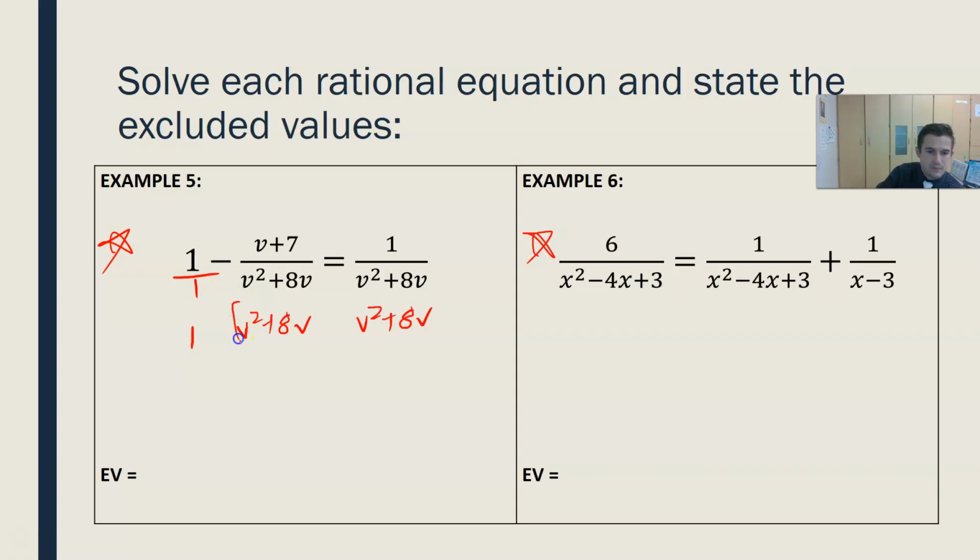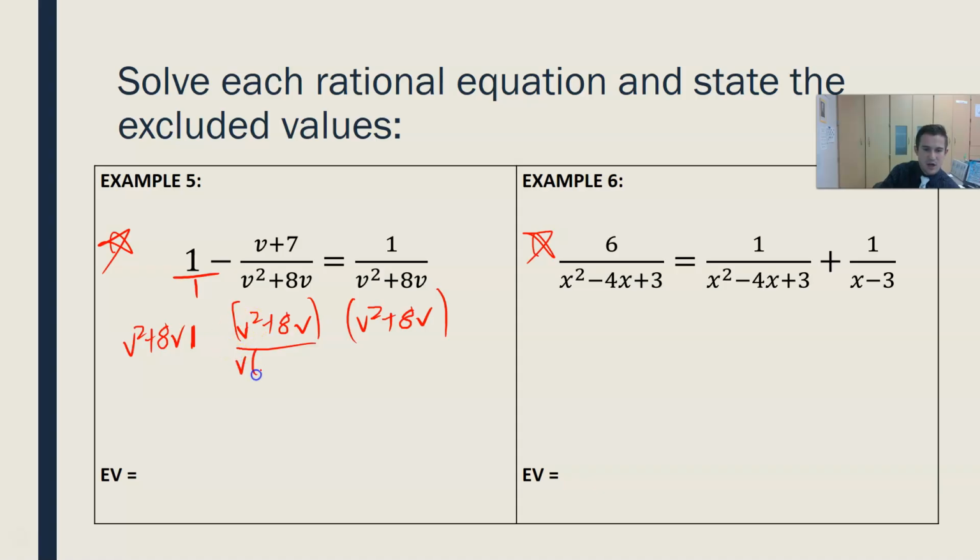So I could factor this one down. I could take a greatest common factor out here. But notice, because this denominator is just 1, I'm going to need v squared plus 8v in the denominator of this rational function if I'm going to have a common denominator.